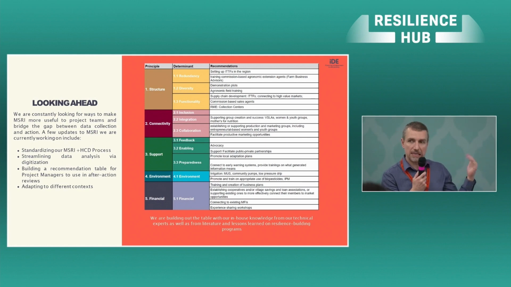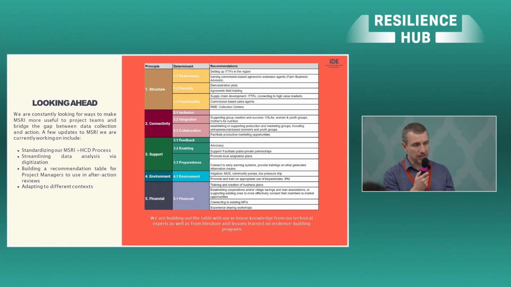So if there's an area that is low, we're trying to build the evidence of what can improve that. Partly from our own resources, as we do this over time, we're starting to build evidence, at least correlations, if not pure evidence, but also looking elsewhere to prepare materials for the project manager.